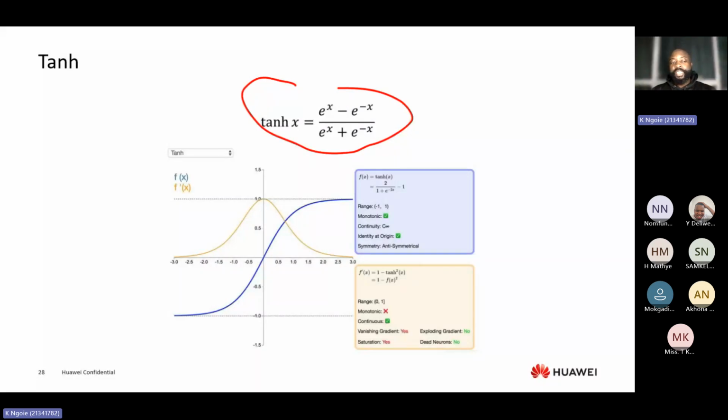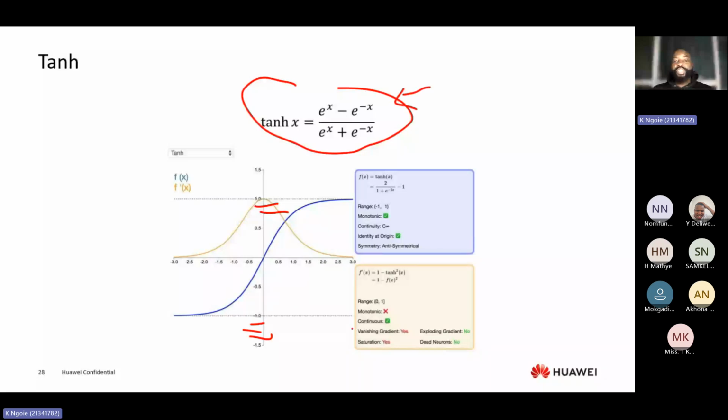This is also a mathematical formula, and the way the tanh works is that it takes the value and the range will be between -1 and 1. And this is the formula.